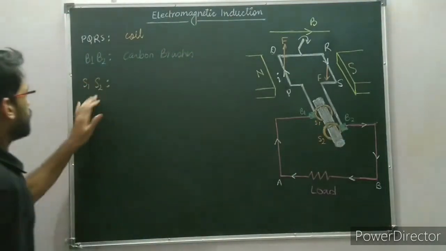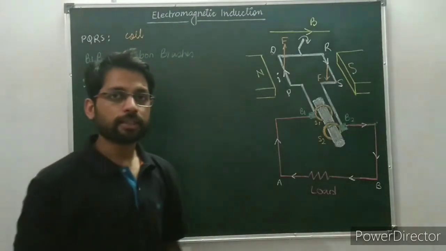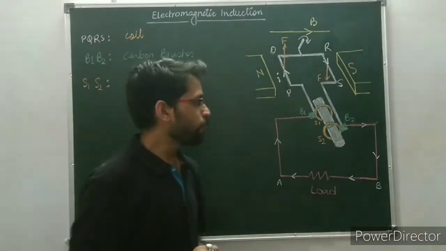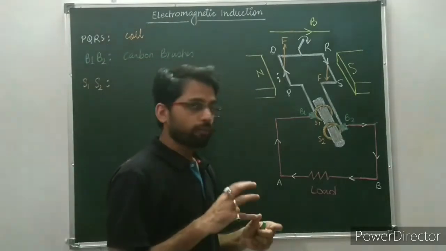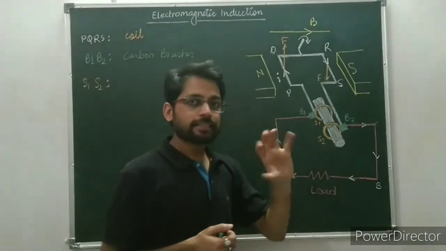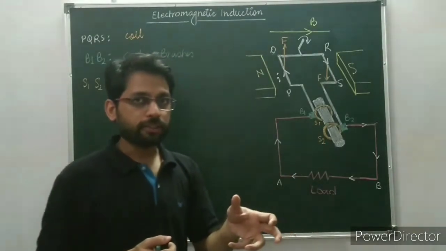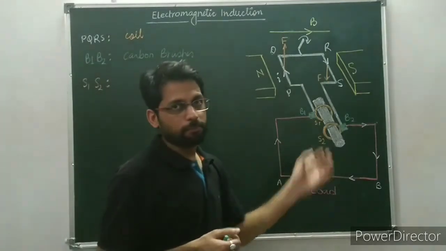Now third is S1, S2. S1, S2 are the slip rings. Slip rings are made of conductor. The slip rings can slide over the carbon brushes. So there is a temporary connection between them.